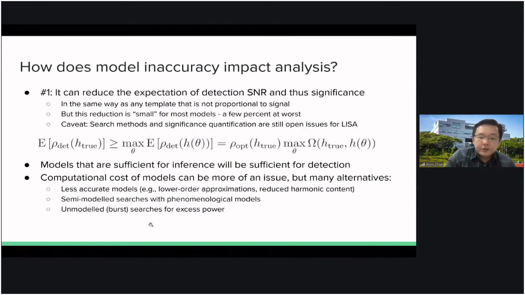For detection, it's actually the computational cost of the models that can be more of an issue, because a very large number of templates is needed to cover the parameter space for certain types of sources. However, there are many workarounds, such as using less accurate models, which may employ lower order approximations or have reduced harmonic content.